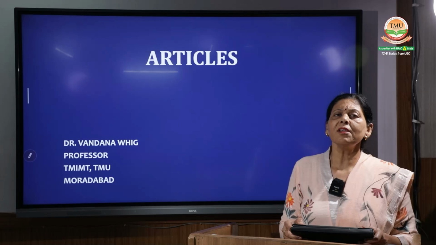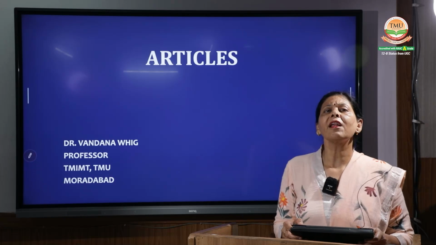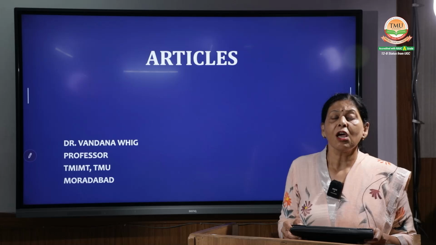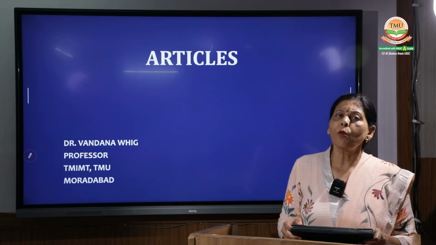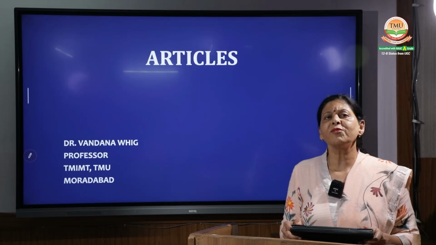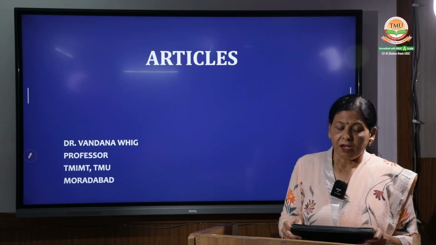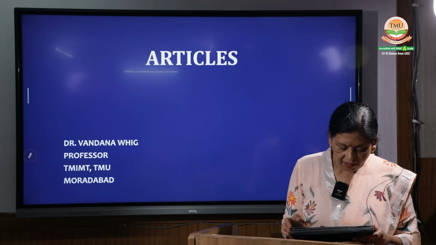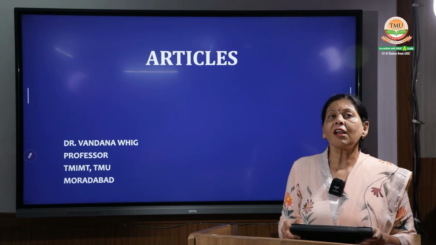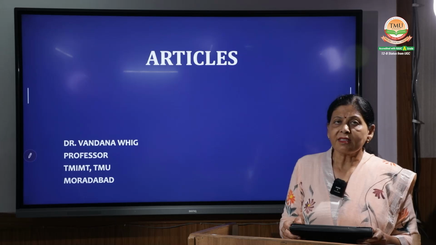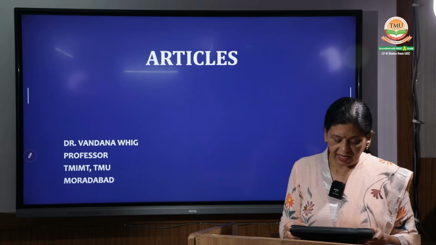Their comprehension, that is understanding of written as well as spoken English, will be enhanced, because with articles we are able to know whether the subject is plural or singular. Learners will gain the ability to construct clear, concise sentences which will be grammatically correct.